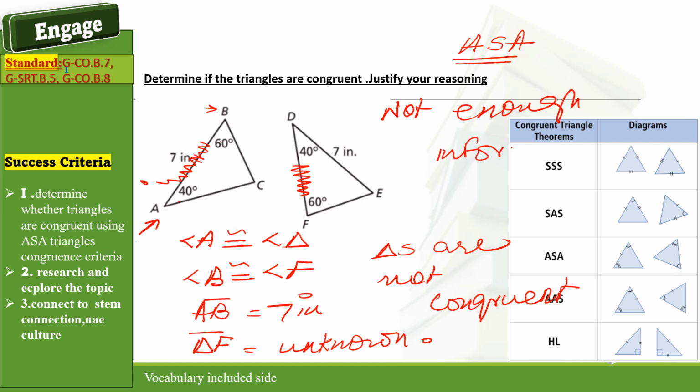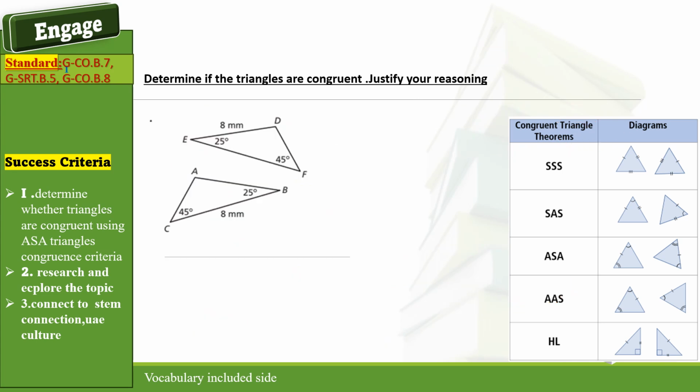In order to understand in a better way, let's have a look at the second example. We have to prove again if the triangles are congruent or not congruent. Here we can say that angle E is 25 degrees, and in the second triangle, angle B is also 25 degrees.